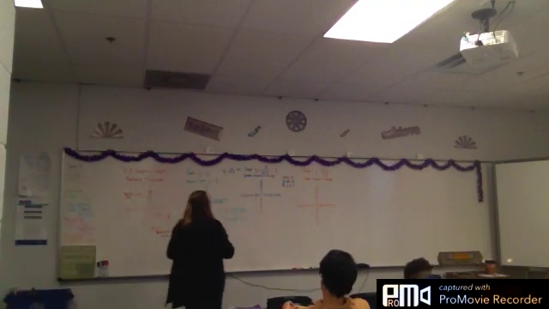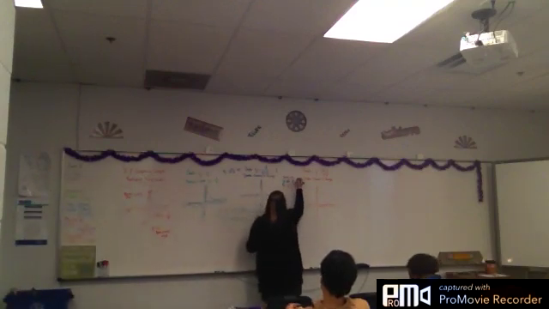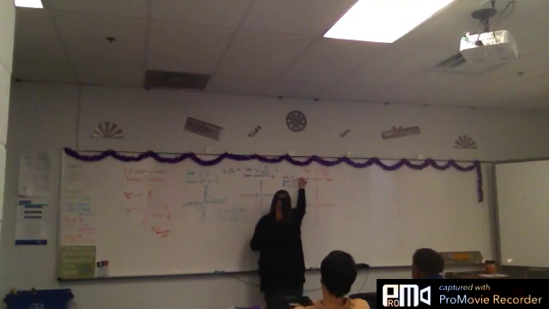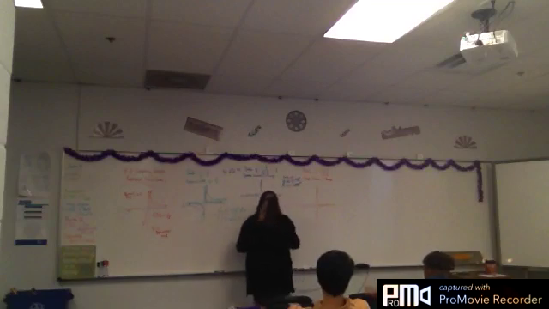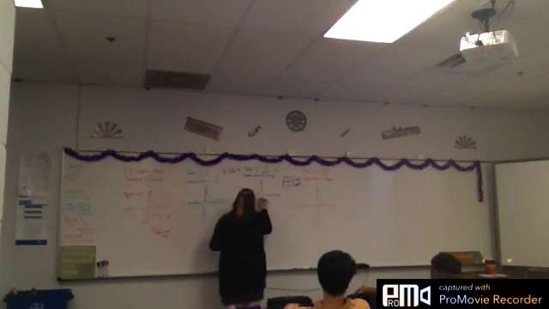So this is my domain and range. It's also my horizontal asymptote, and my vertical. Nope, I mixed that up. Vertical, horizontal. Okay?